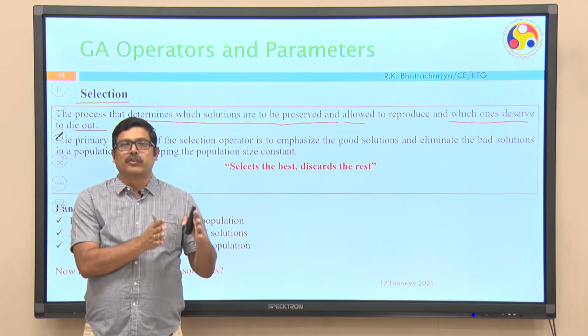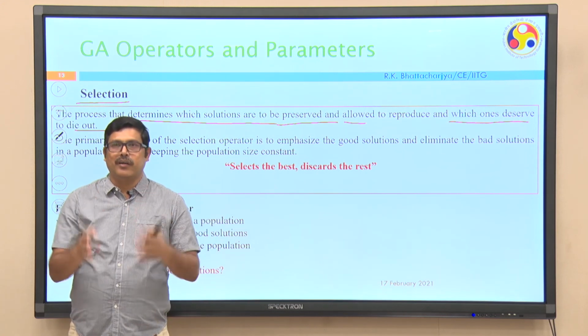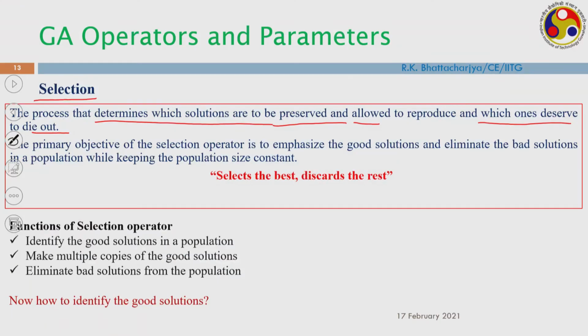You have 100 solutions, and after implementing this operator you should still have 100 solutions. The basic idea is to select the best and discard the rest.